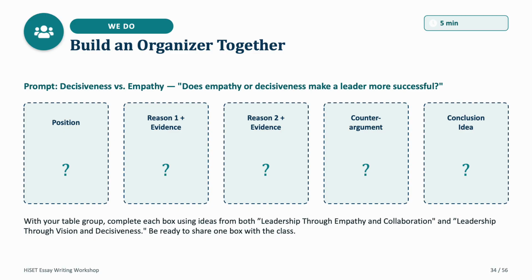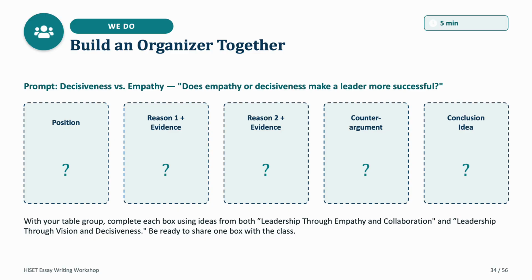And how could I rebut that? Well, I can argue that empathy doesn't mean indecisiveness, since true empathetic leadership involves balancing compassion with accountability. So, empathetic leaders can still make tough calls. They just do it with awareness of the impact on their team.